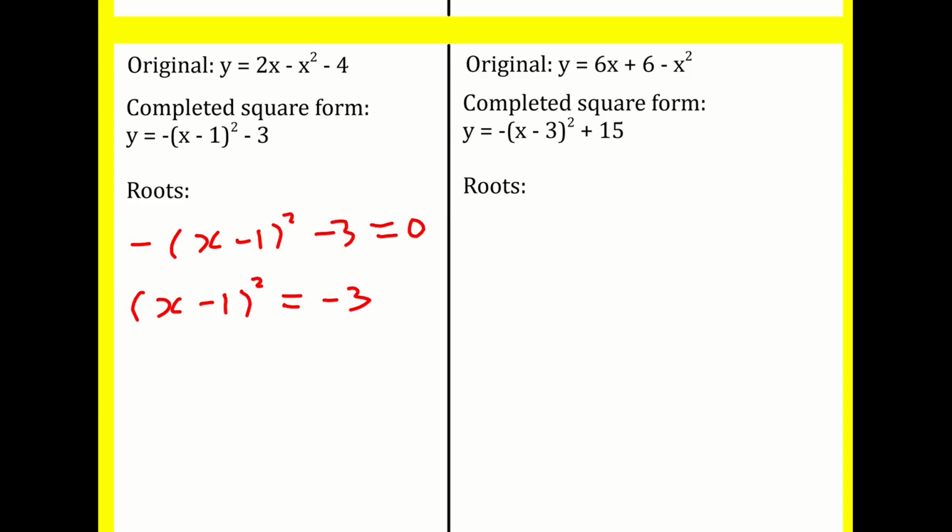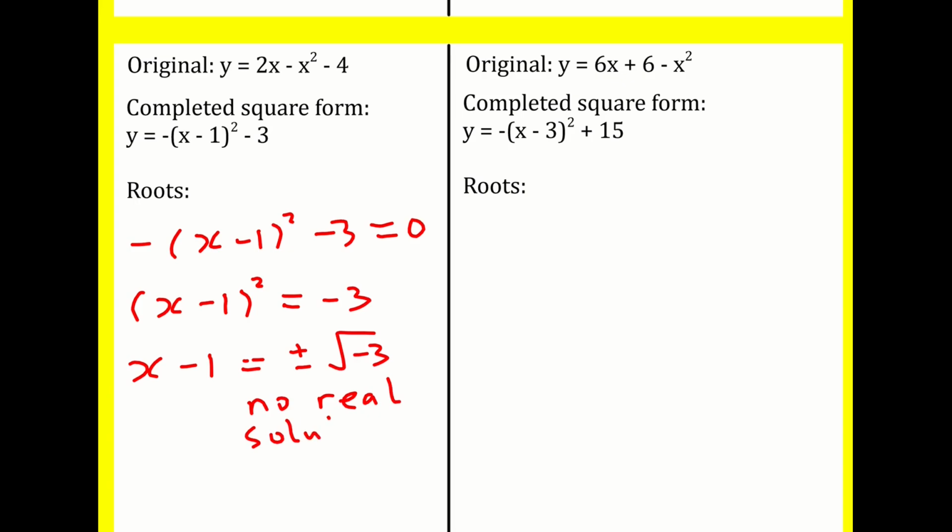Now, in this case, when we take a square root, we're trying to take the square root of a negative, and that is not going to be possible. We'd get x minus 1 equals plus or minus the square root. So this is not allowed. Actually, we say no real solutions.